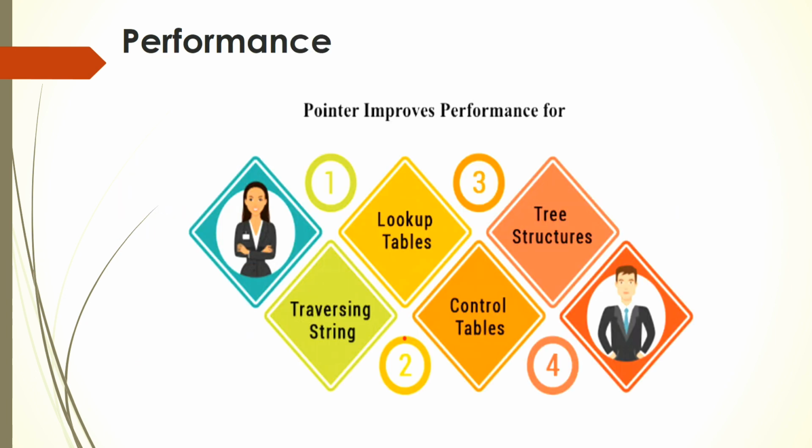So how does the pointer improve performance for data structures? We will see in four ways: traversing strings, lookup tables, control tables, and tree structures, as we have learned in this slide.